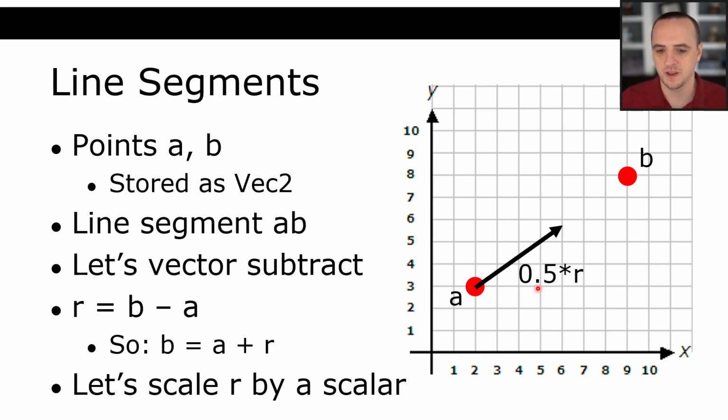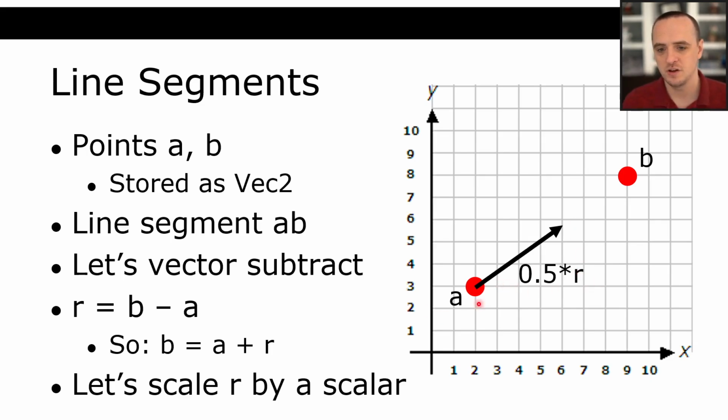If we multiply R instead of by 1 by 0.5, then here's what we get. We get this line segment or vector that goes from A halfway to B. We essentially multiply the x and the y of R by 0.5 and we get this.